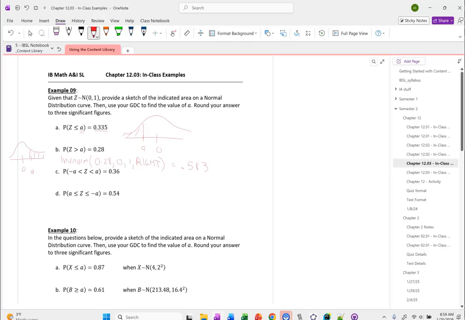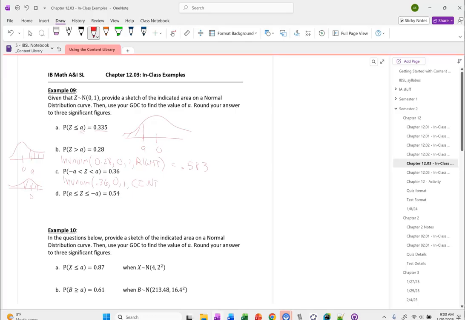Okay, what do I do here? Still inverse norm. Area still here. Still 0, 1. What do I do with this? Yeah.